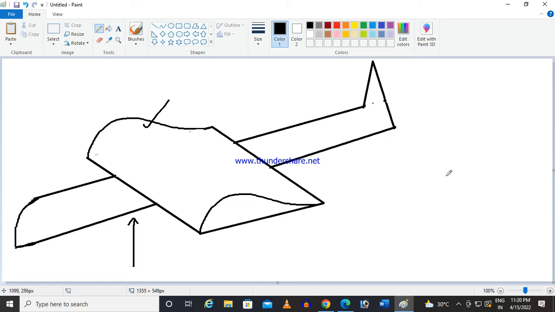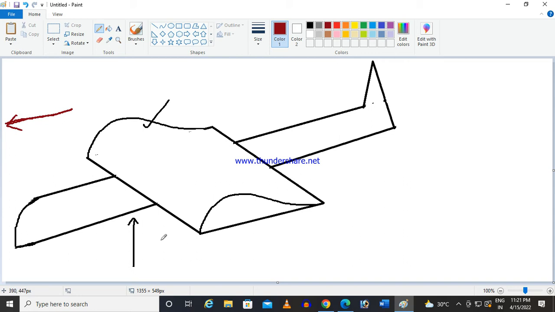Okay, so how is that happening? First we will understand very roughly, so that during our modeling and simulation we can apply the boundary conditions in a better way. So this aircraft is moving with a certain velocity in this direction.